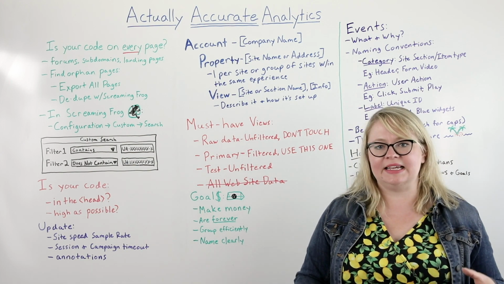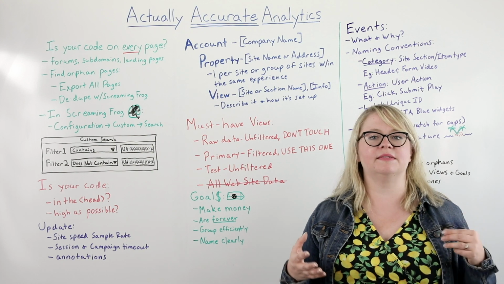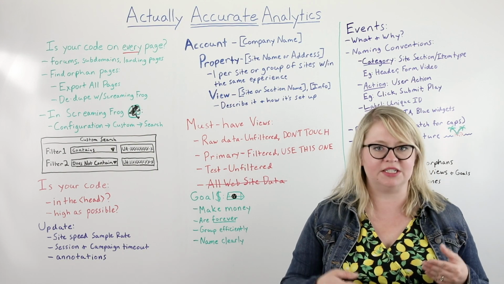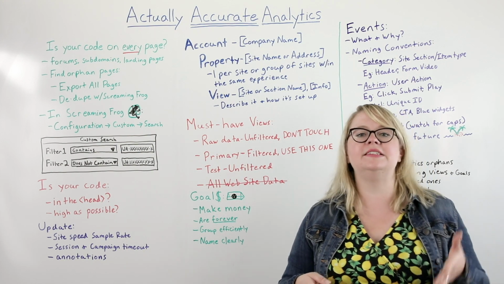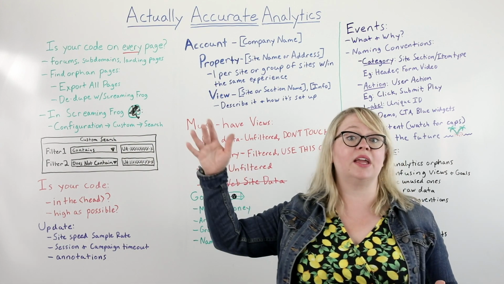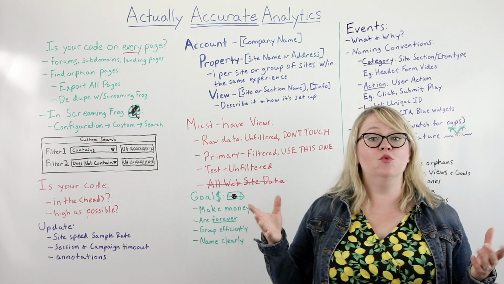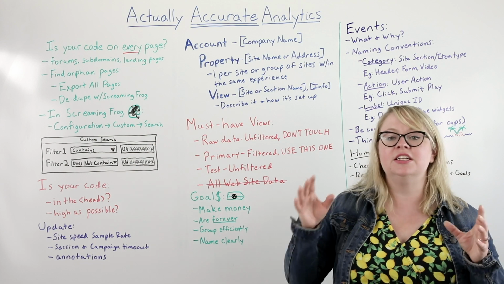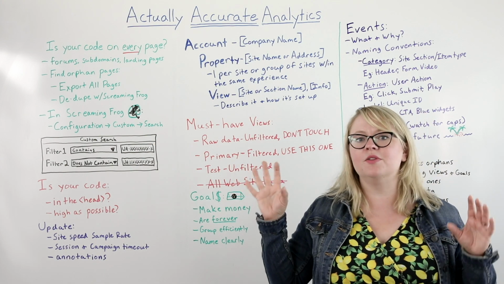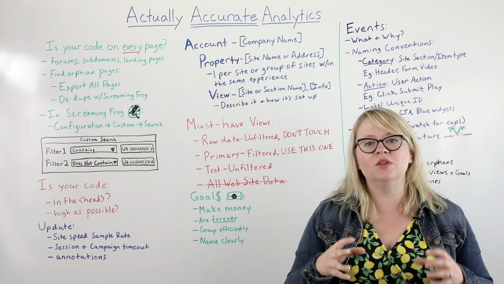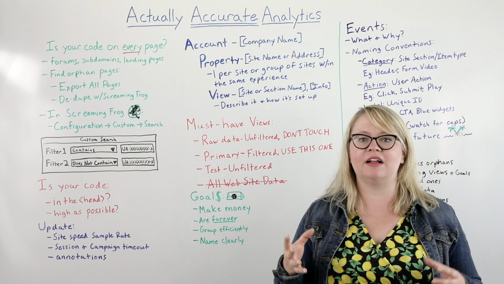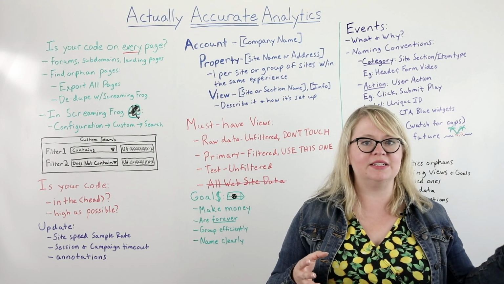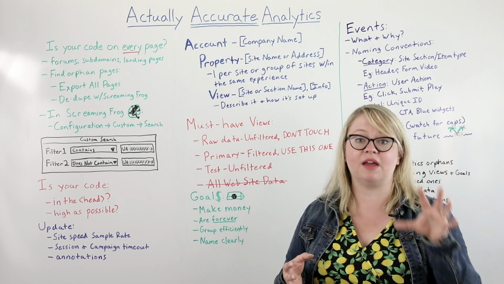What that means is that, say you have a goal that's blue widget sales, and you're tracking blue widget sales. Over time, you discontinue the blue widget, and now you're only tracking red widget sales. So you rename the blue widget sales goal to now it's called red widget sales. The problem is, renaming the goal doesn't change the goal itself. All of that historical blue widget data will still be associated with that goal.